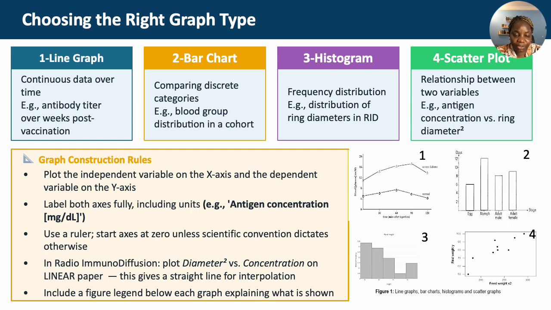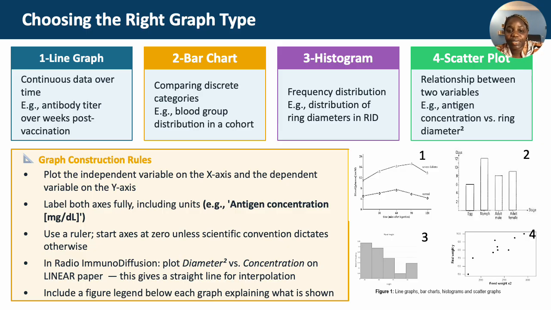In the radial immunodiffusion assay in particular, we plot squared diameters against concentration on linear paper. This will give a straight line for interpolation. You have to interpolate, or rather extrapolate, to get the concentration, so it has to be exact.